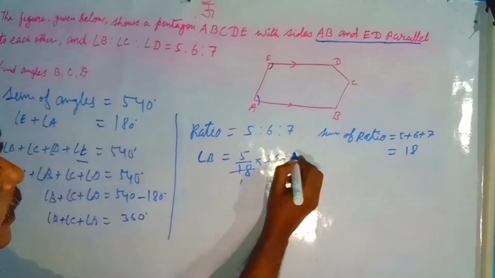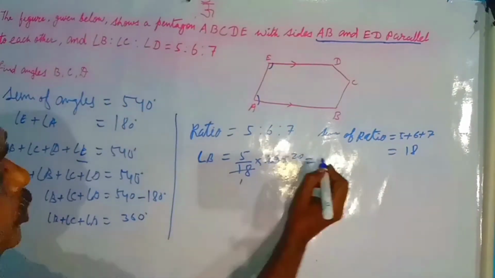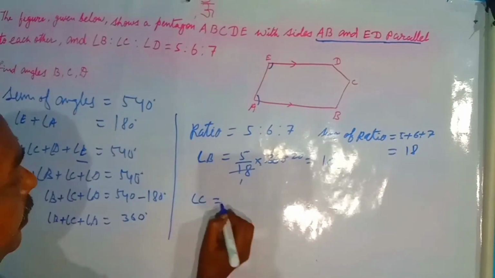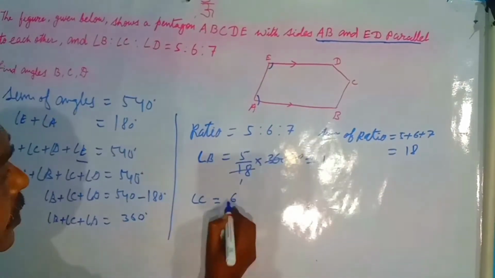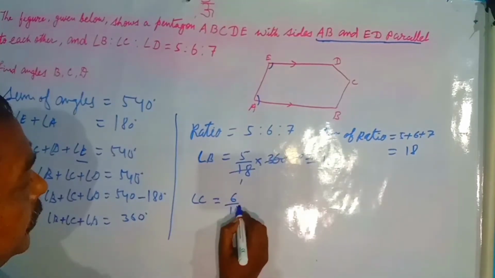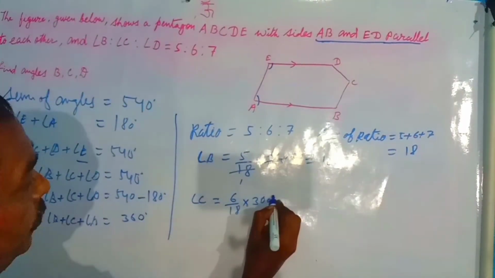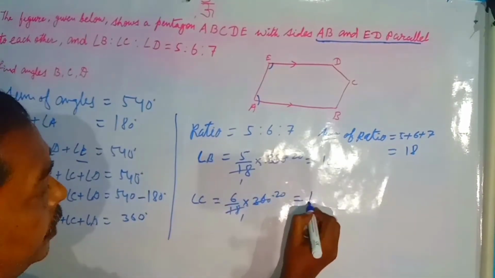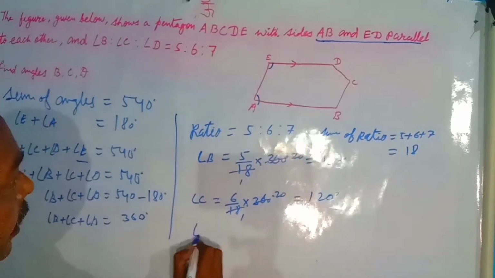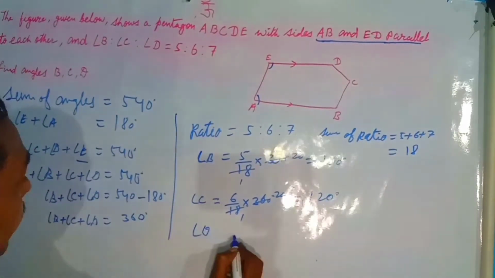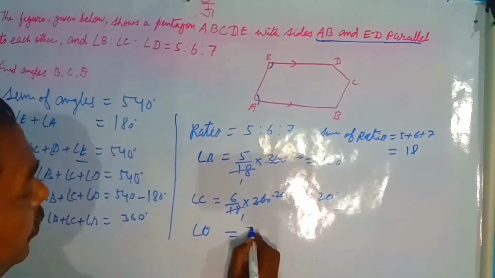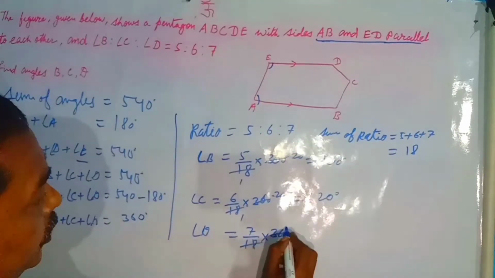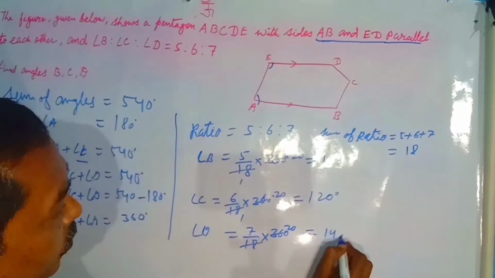Then 18 ones are 18, 18 twenties are 360. Now 5 into 20 means 100 degrees. Like that we will find angle C: angle C's ratio is 6 and the sum of ratio is 18, into 360 degrees. 18 ones are 18, 18 twenties are 360, then 6 into 20 means 120 degrees. Then angle D equals 7 by 18 into 360, then 7 twenties are 140 degrees.